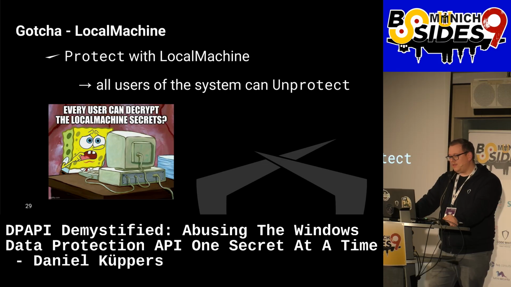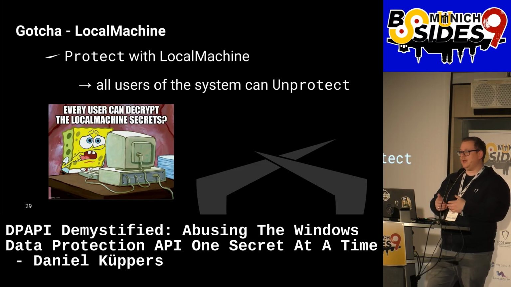It may happen that developers are confused about how or when to use the local machine context, and they might mistakenly choose it for protecting information that should only be accessible by system. For example, imagine an application that performs administrative tasks on a system, has, for example, also service privileges, but needs that specific named account.